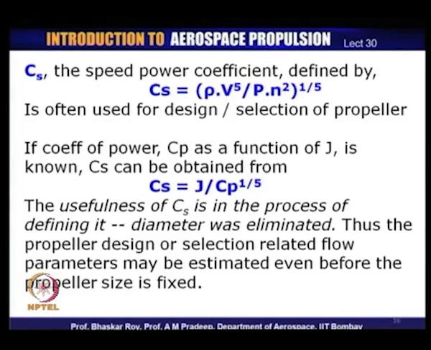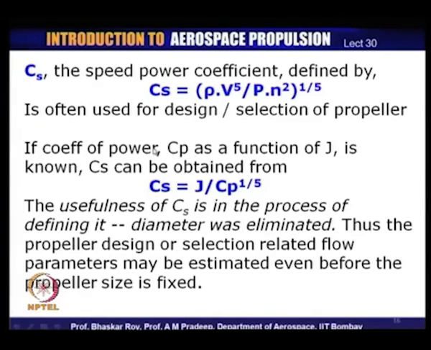A fourth characteristic which is often used for propeller design or selection is simply called speed power coefficient, and this is defined as C s and is defined as rho V to the power 5 divided by power P into n square, n being the rotational speed, all of it together to the power of 1 by 5, that is 0.2, and this is often used for design or selection of propeller.